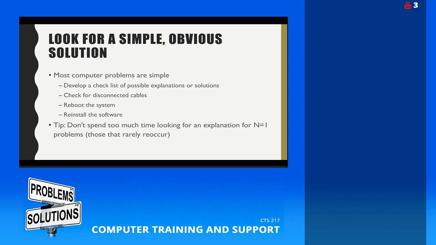A card's become unseated, some cables have become loose, it needs a reboot, it needs a software update, the software's become corrupted, so it needs to be reinstalled. Just a bunch of little simple things that happen from time to time.